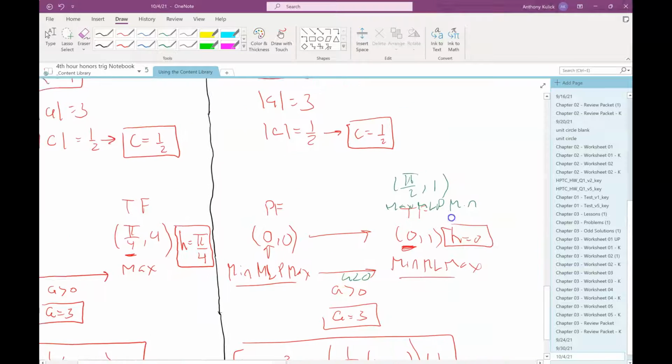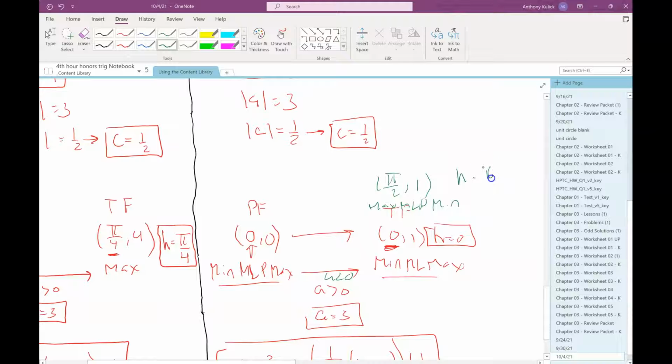Okay. And the H would have then been pi over 2. Does that make sense? On kind of how we're determining the signs of the A's? Okay.